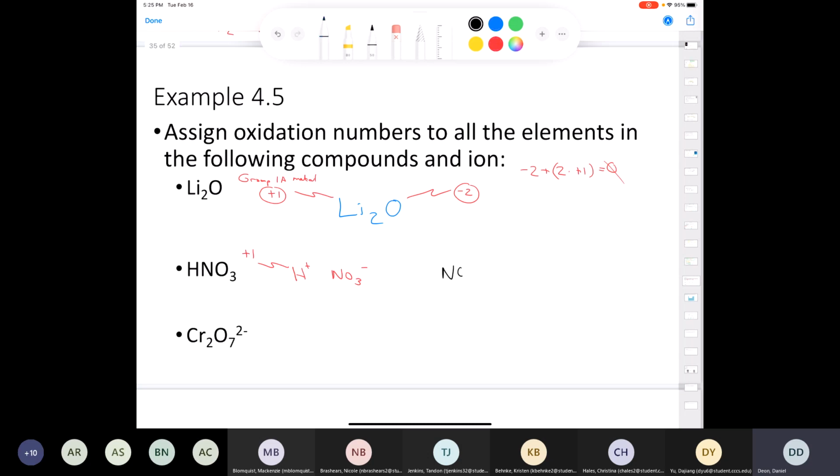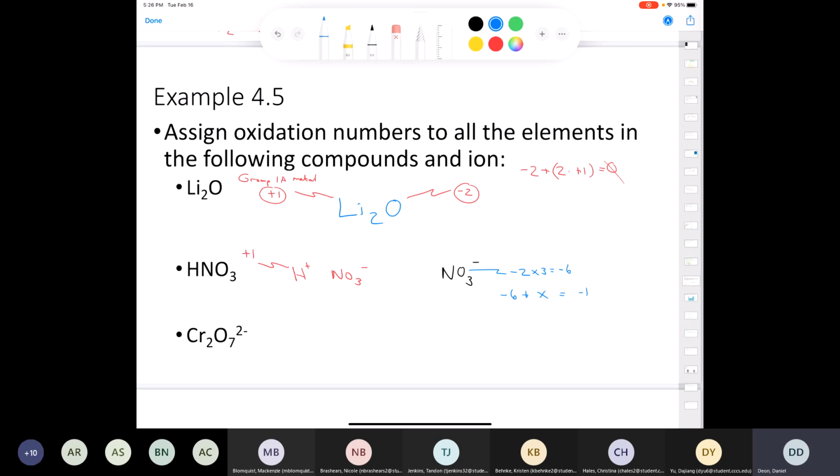We've got the nitrate ion. Now we know that the overall charge of this polyatomic ion is -1. We know that oxygen is almost always -2. There are 3 oxygens, so -2 times 3 gives me -6. Now, -6 plus something, I'll call it x, equals -1, right? Because the overall charge of my polyatomic ion, my nitrate, is -1.